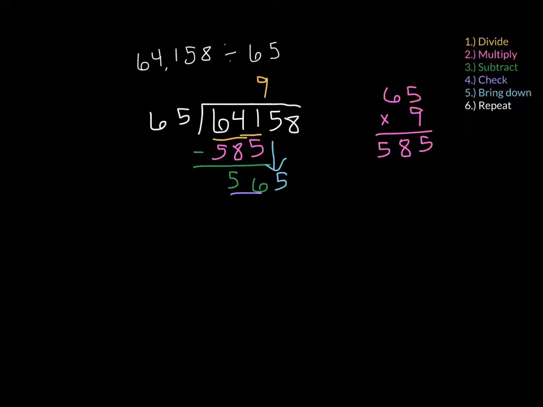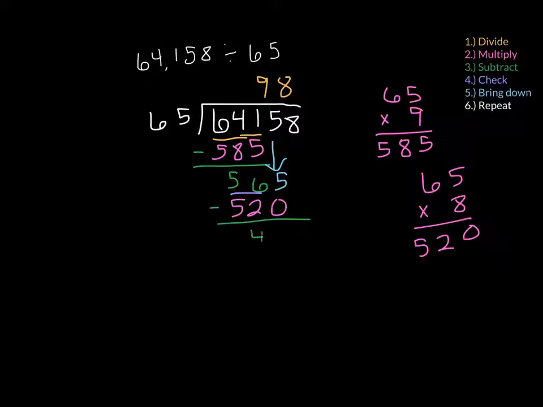So let's try 8. And then 65 times 8 would be 40, and then 52, so 520. And that is definitely small enough. So let's subtract. You get 45. And 45 is smaller than 65. So we can bring down. Continue.